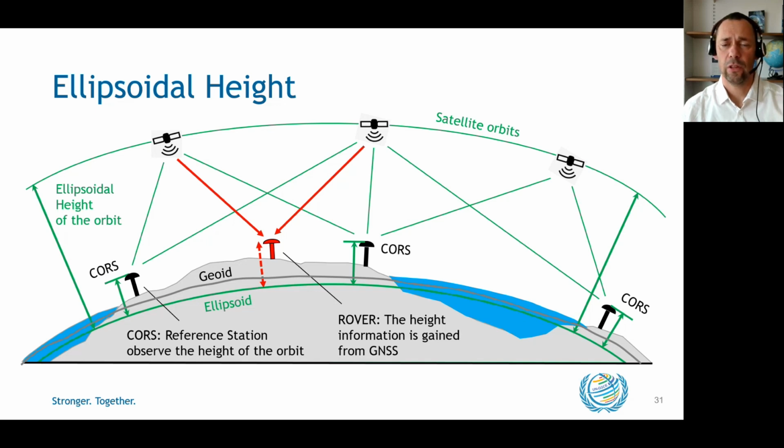But the truth is that this geometrical method is also less accurate than the leveling and for many geodetic applications not sufficient. We illustrate in the figure just the estimation of the height component with GNSS. But the same principle applies also for the horizontal part and therefore for the 3D coordinate.